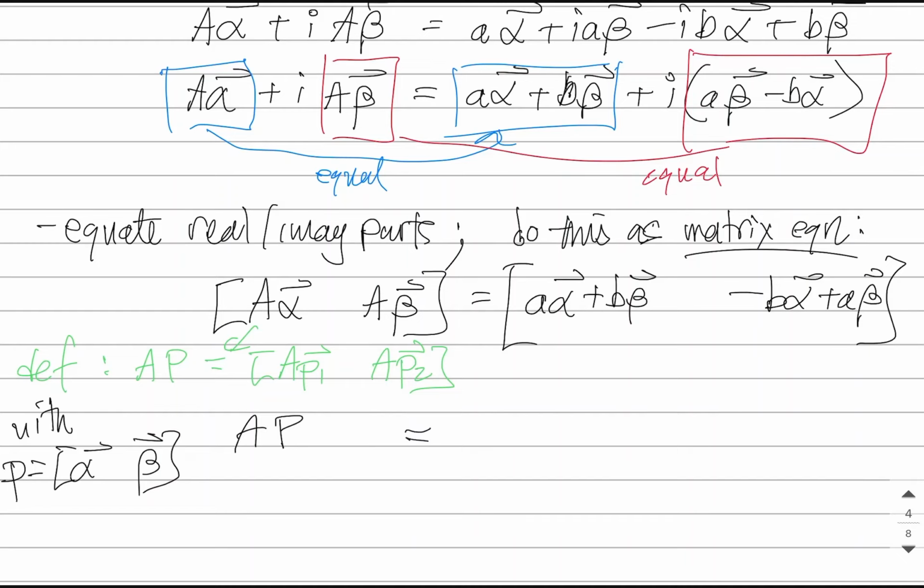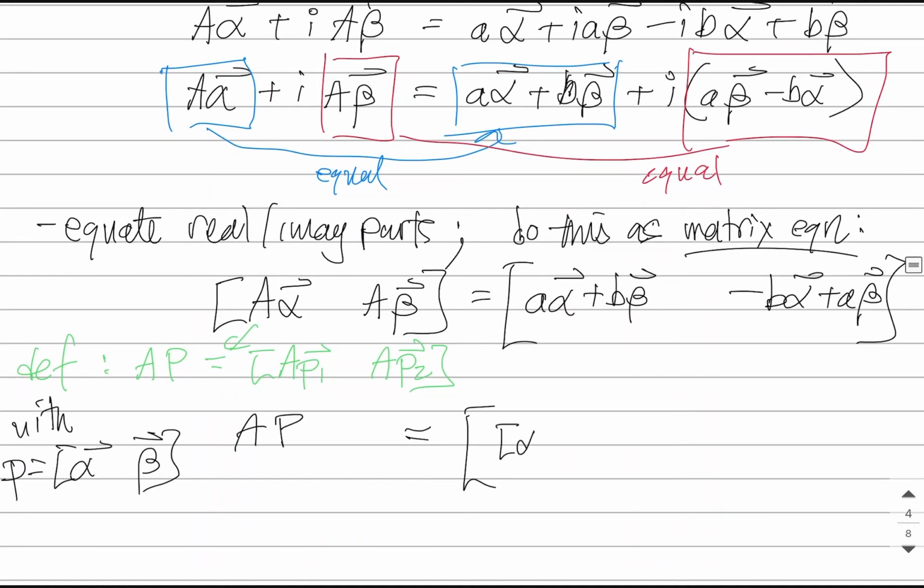Now, the same sort of game is going to happen over here. I'm going to have the matrix alpha, beta. This stuff here is a matrix vector product. It's going to be A, B, and then the same sort of thing.